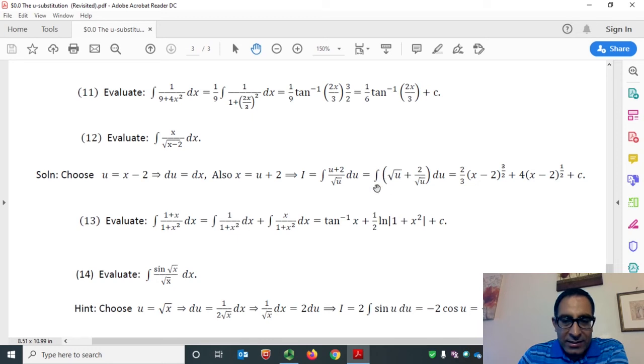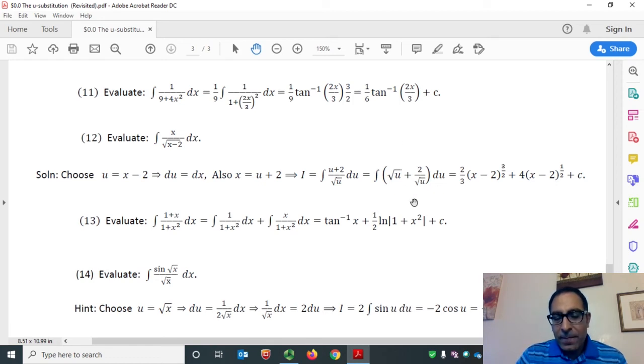Integration sign as it is, u over radical u is simply radical u, because u equals radical u times radical u, and one radical u cancels the radical u in the denominator, so I have only one radical u left in the numerator, plus 2 over radical u du. Now this can be easily integrated.